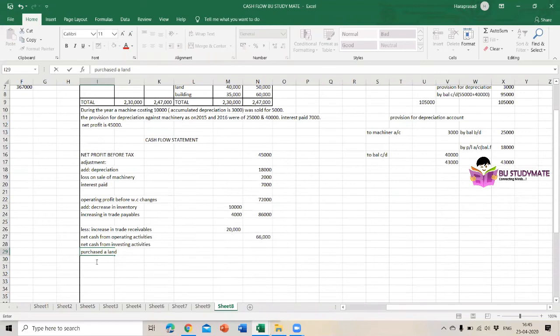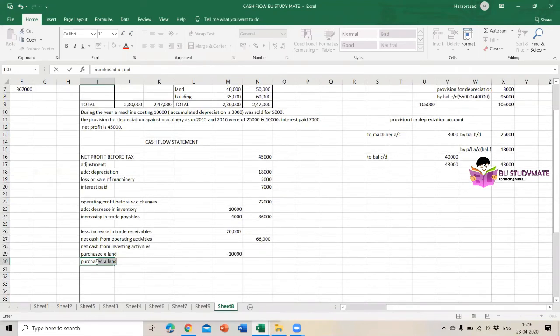Then purchase of building. Building is how much? 35,000 first we have in the previous year and current year 60,000. So 60 minus 35 comes to 25,000.